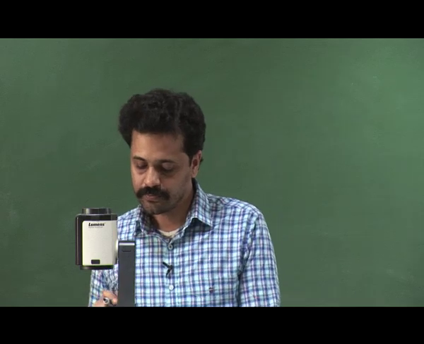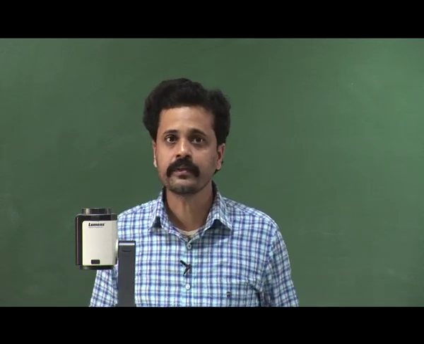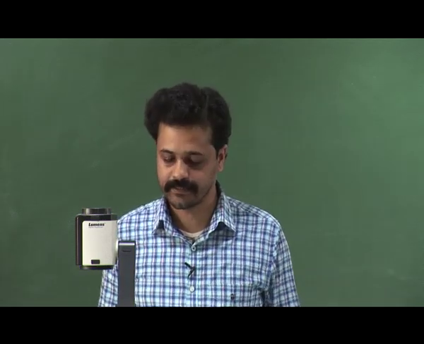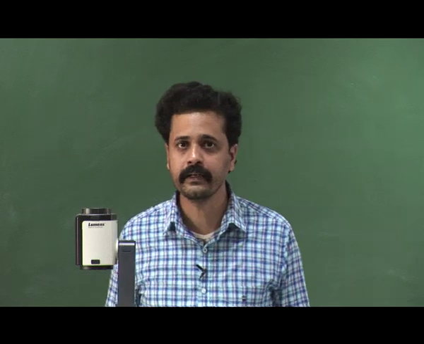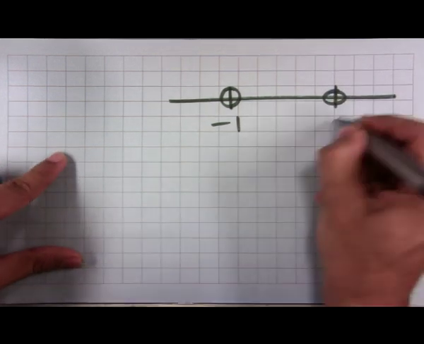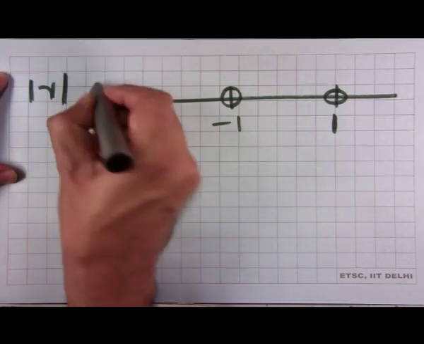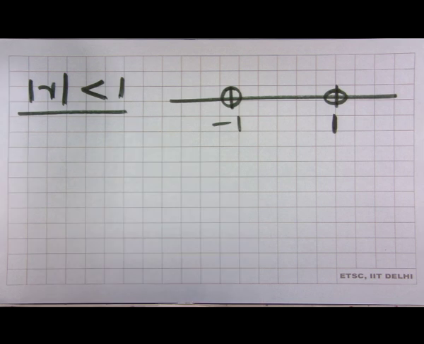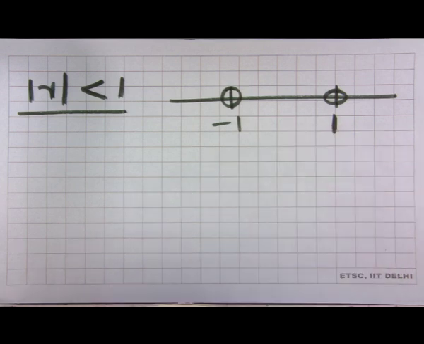To do so, let us split the values of r which we are interested in, namely r not equal to 1, minus 1, into two categories. One, mod r strictly less than 1, that is, those values of r lying between minus 1 and 1, both excluded.